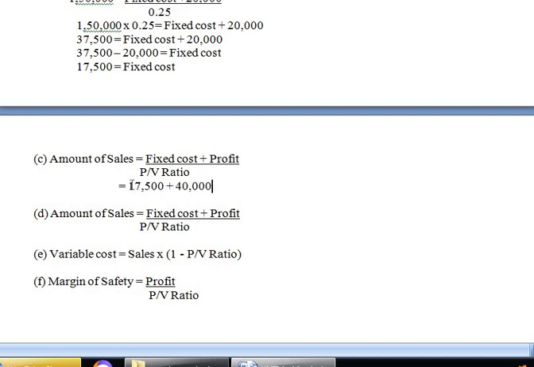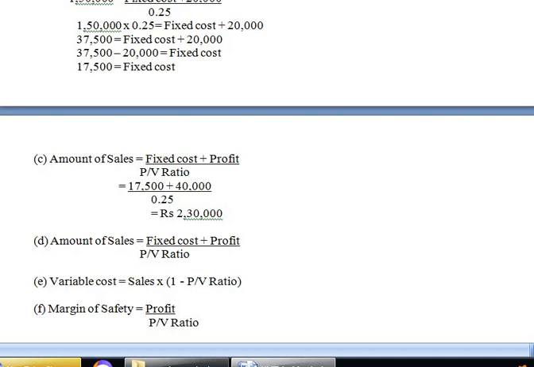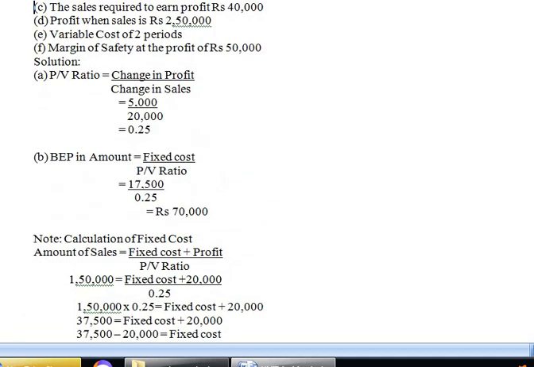So profit we are going to take 40,000, divided by PV ratio 0.25. Okay, hope so everybody is understanding this. Now this is rupees 2,30,000. Okay.